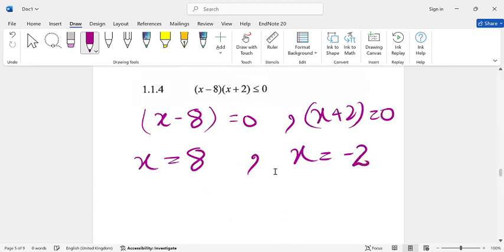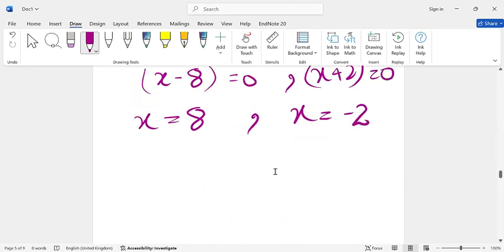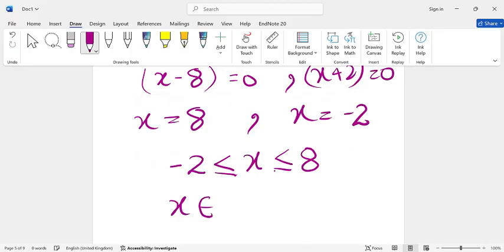Okay, so how do we write this? We say that minus 2 is less than or equal to x, and x is less than or equal to 8, which means x belongs to the interval from minus 2 to 8.